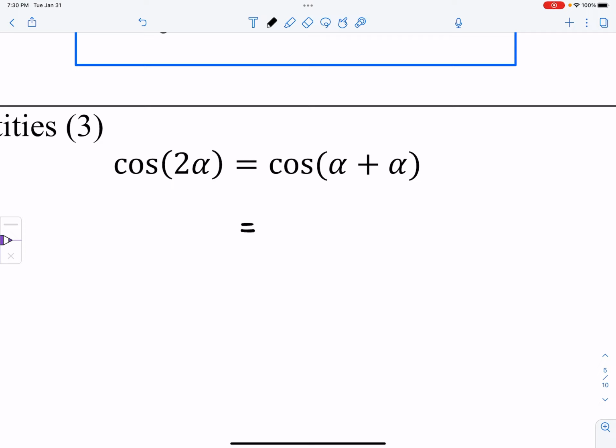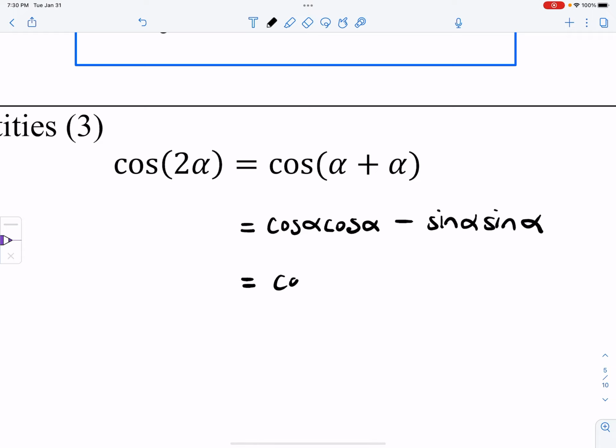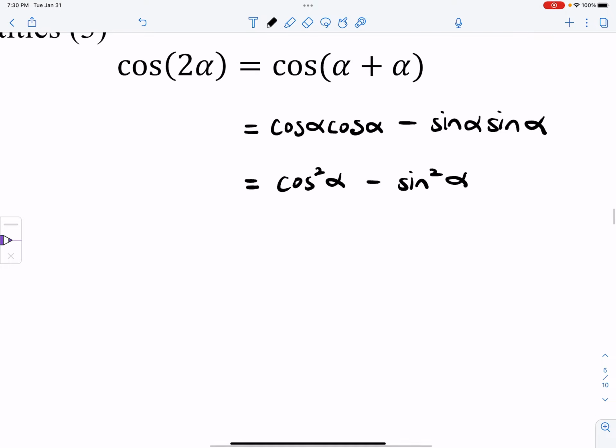So cosine of 2 alpha is cosine of alpha plus alpha. And using the angle sum identity for cosine, that would be cosine alpha cosine alpha minus sine alpha sine alpha. So cosine squared alpha minus sine squared alpha. So that's the first one.